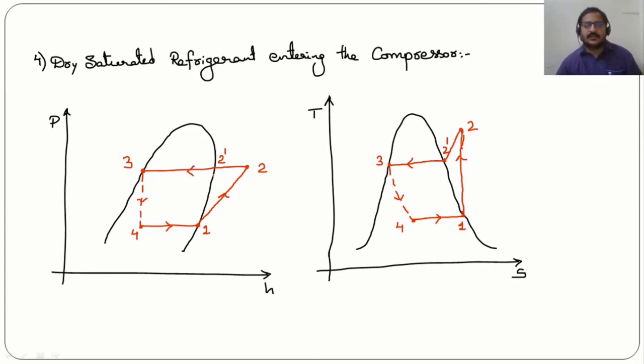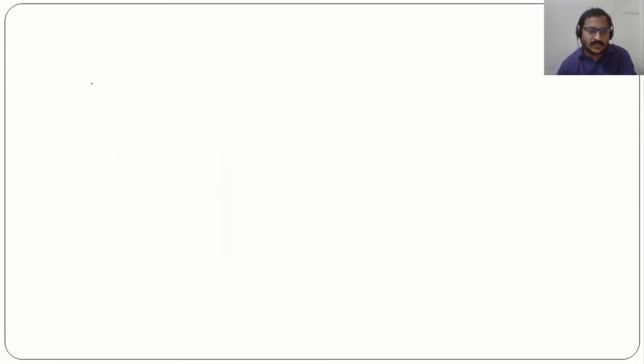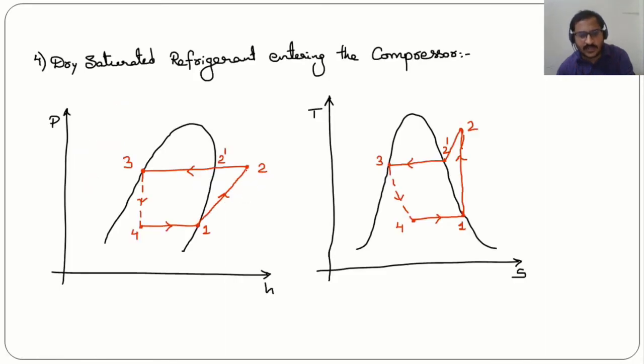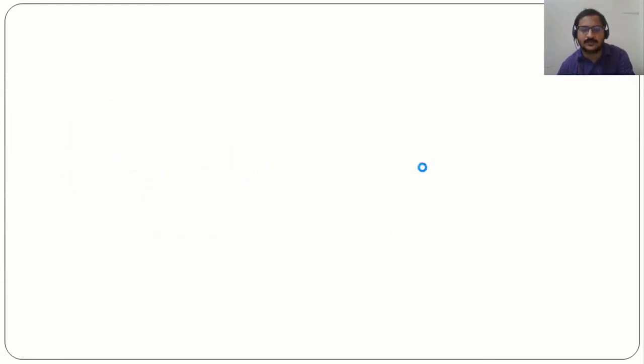Now here also we need to consider S1 is equal to S2. The first condition is dry saturated, so S1 is simply equal to Sg1. Second condition is superheated, so you should take Sg2 dash plus Cpv ln superheated temperature by saturation temperature. So superheated temperature is T2 and saturation temperature is T2 dash.